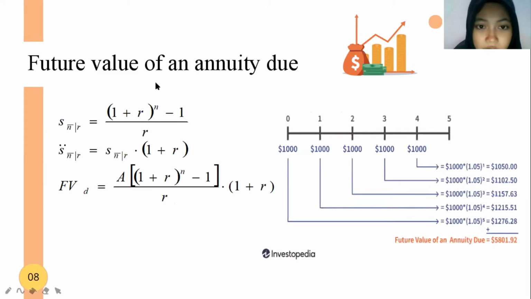The future value of an annuity due is the future value of the ordinary annuity multiplied by (1 + r) in brackets, and then this is the formula for the future value of an annuity due.